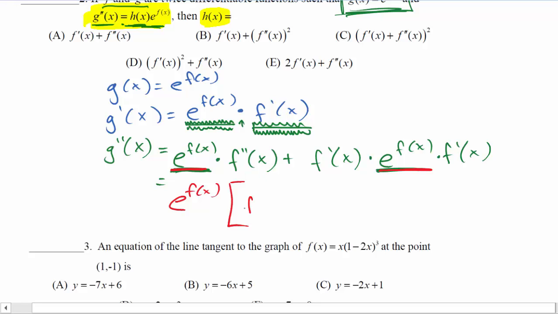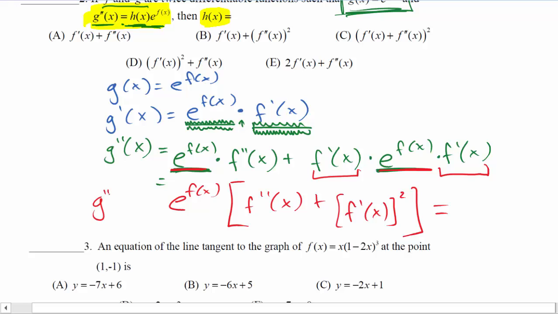Well, here I'm only left with f double prime of x. But here I'm left with f prime of x and another f prime of x. So really I'm left with f prime of x, but that thing squared, because I have two of them. So then, really, if I'm matching this to g double prime of x, this is e to the power of f of x times some function h of x, and that's really what I was looking for.